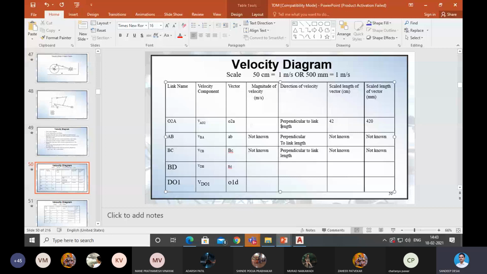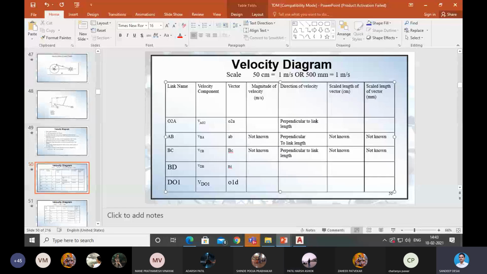Sir, how did you get the velocity component for link name O2A? See, that is a vector. You said the velocity component is the reverse of the link name, right? Then how did I write the velocity? Velocity of A with respect to O2. A point is moving, O2 point is fixed.